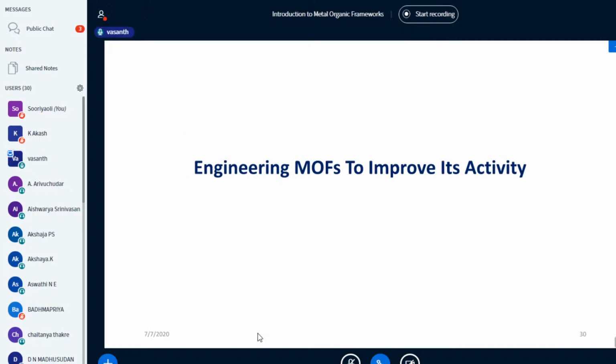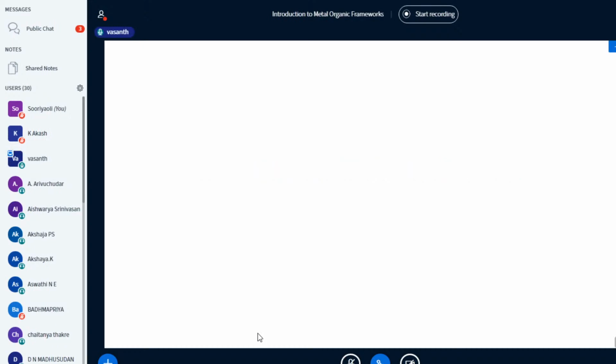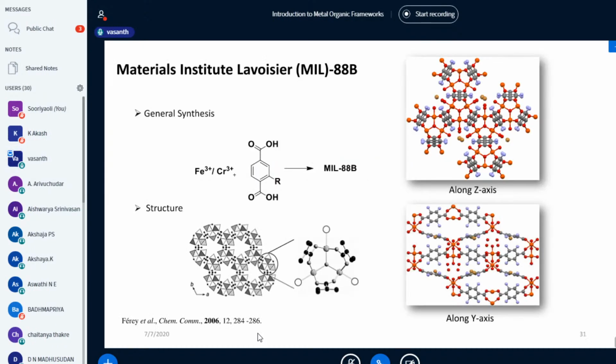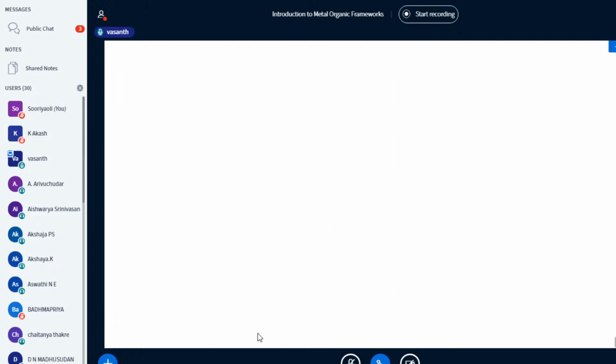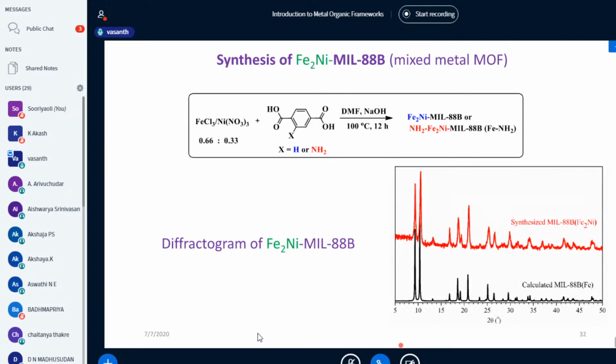So metal organic frameworks have an opportunity to be engineered to improve their activity. Here is one example which we have seen earlier, called MIL-88B, and I said this is made up of either iron or chromium. And recently people have changed this. Instead of having one metal center, they can prepare a molecule which has two metals, instead of just iron, as a bimetallic MOF.